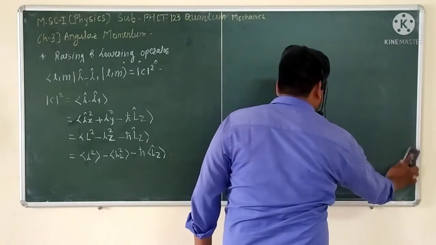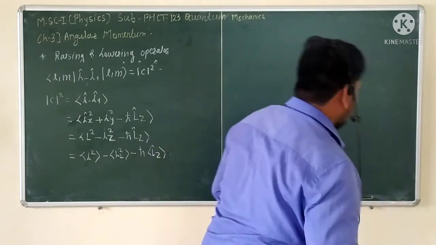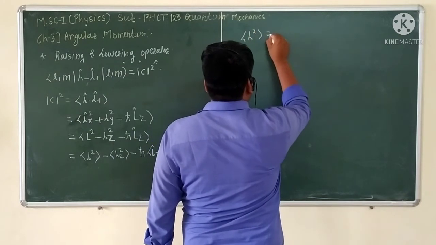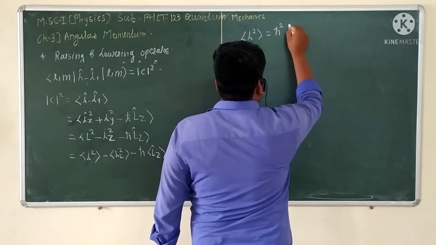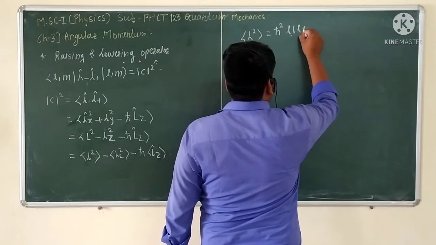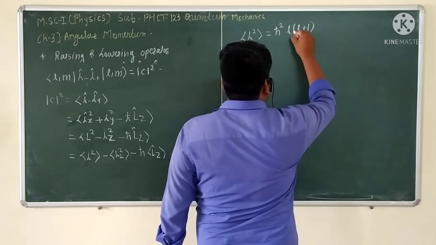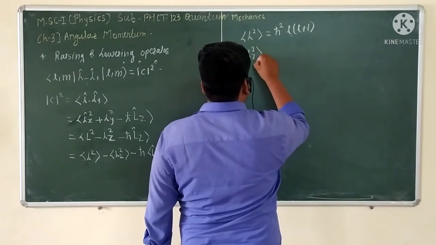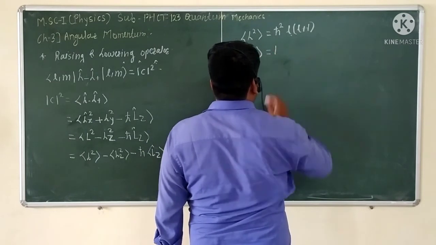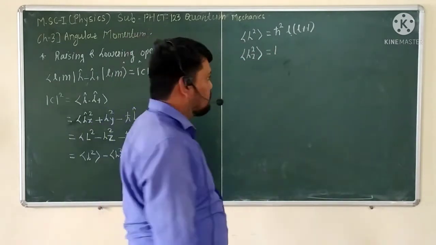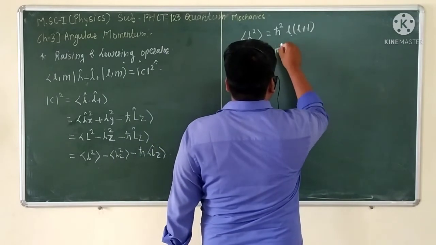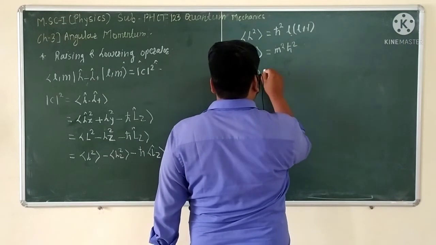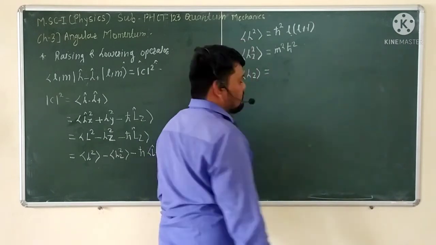And you know what the values of this L square, Lz square and Lz can be written as here. The expectation of L square is nothing but h cross square L into L plus 1, okay. Again, the expectation value of Lz square is nothing but m square h cross square, and the expectation value of Lz is nothing but h cross m.